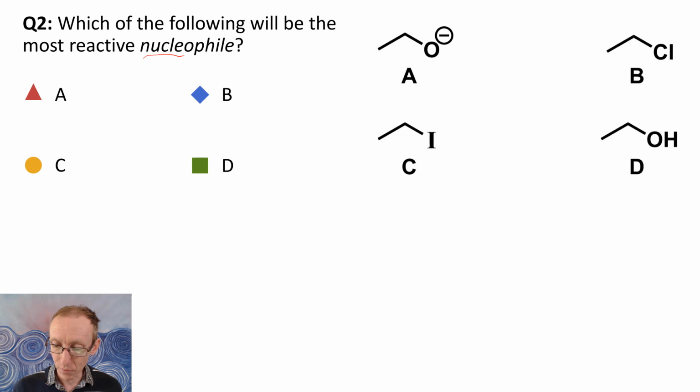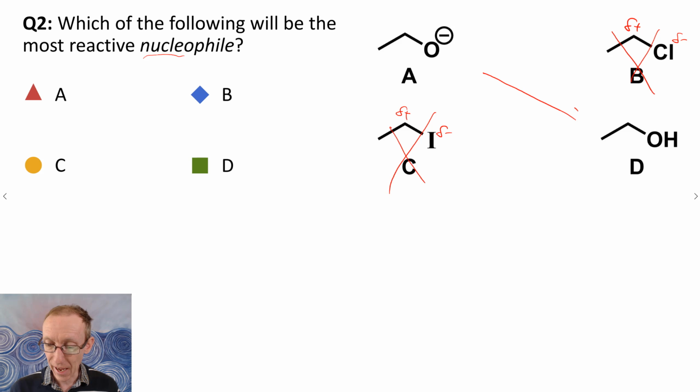So overall, we can rule out B and C, because each of these molecules are electrophiles. We have a partial positive charge on the carbon, and we have a good leaving group in the form of the halogen, which can leave with a negative charge that's very stabilized, since halides are very stable anions.